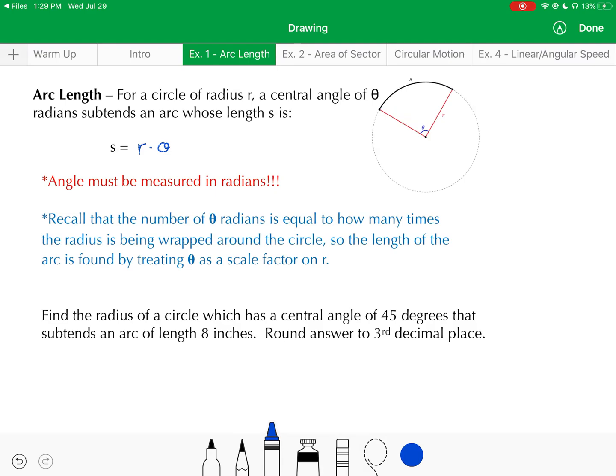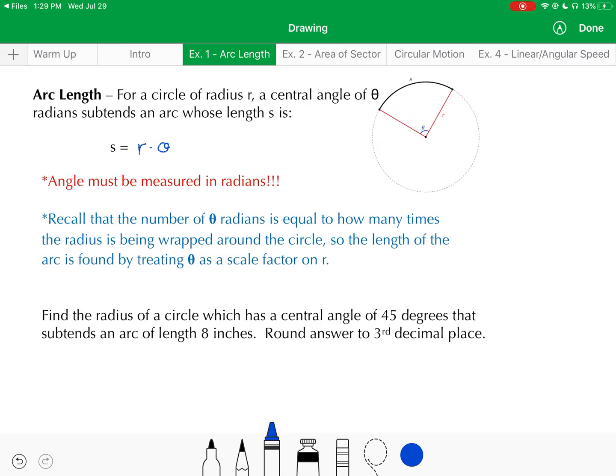And here's the reason for that. Recall that the number of theta radians is equal to how many times the radius is being wrapped around the circle. Okay, so if we have an angle of 1 radian, that means you're taking the radius of the circle, you're wrapping it around one time around the edge to create the arc.